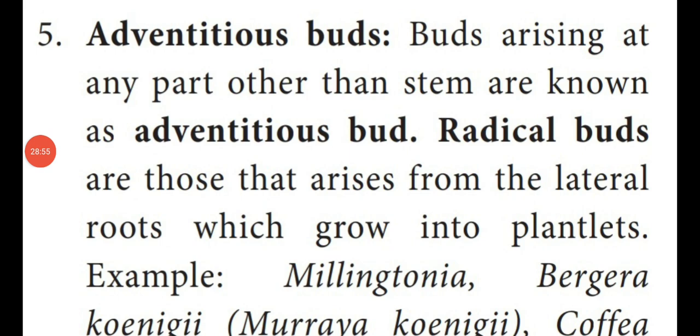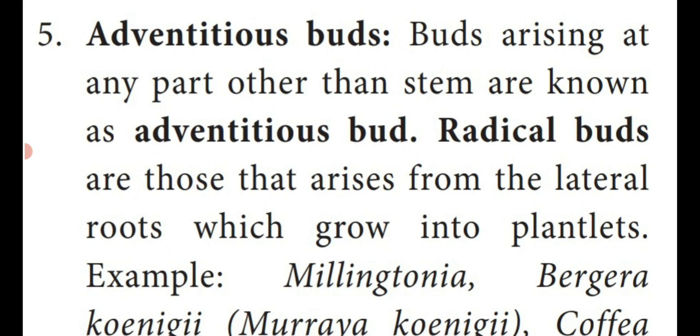The next one is the adventitious bud. So dear students, up to this we have seen four buds. One is the terminal bud. Second one, axillary bud. Third one, extra axillary bud. That means apart from the axil, it is present in the nodal region, isn't it? The next one, accessory bud, means the bud which is produced on either side or above the axillary bud.